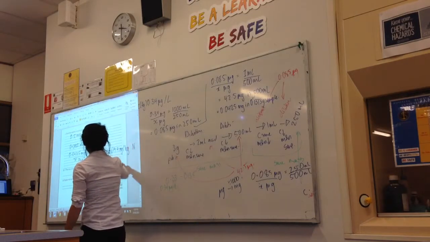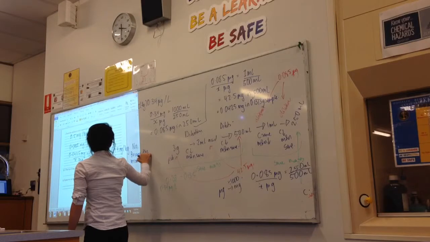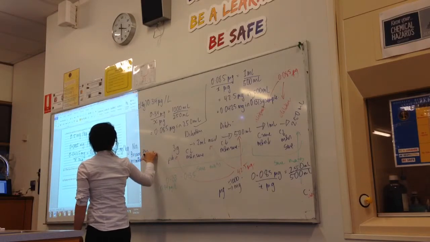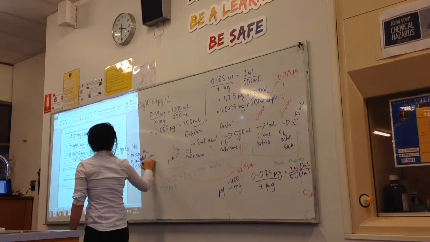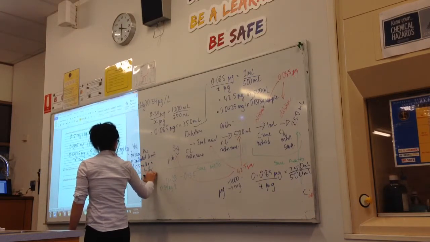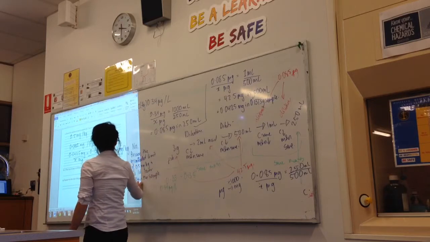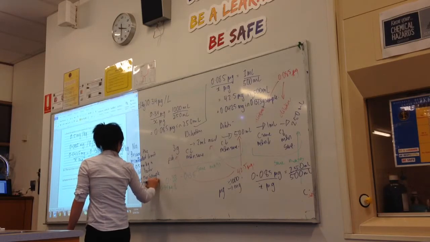Okay, then at this stage you would say no, because you have to have all of your reasoning to gain 3 marks. No, because the recommended limit of 0.5 milligrams per kilogram is a lot lower than the sample of 309.4 milligrams.